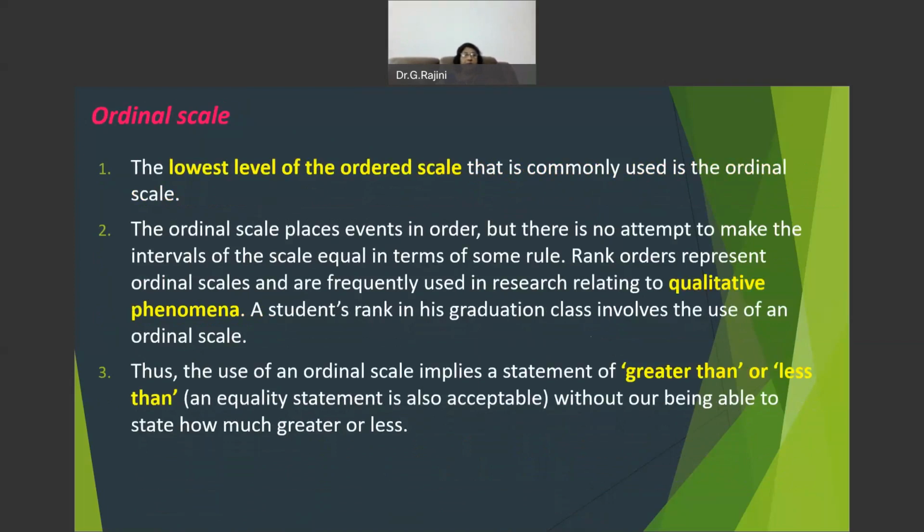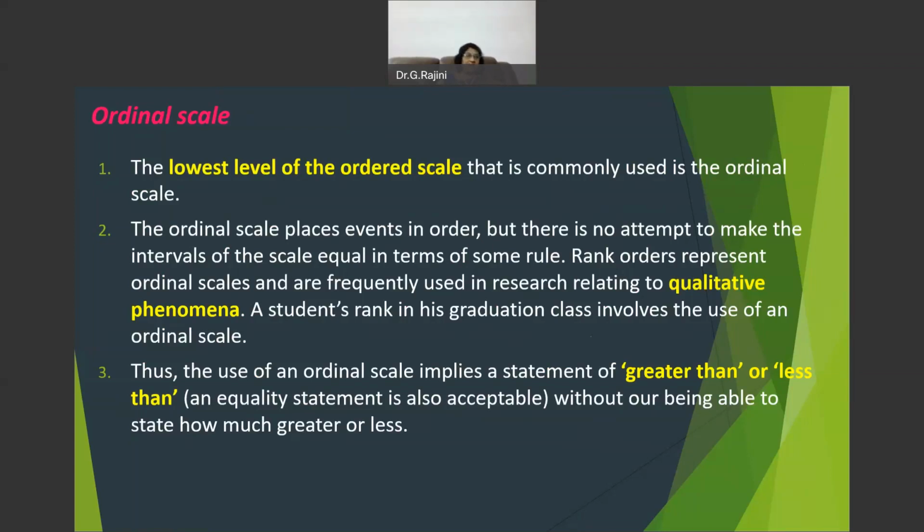The name itself implies it is in an order. The lowest level of the ordered scale that is commonly used is the ordinal scale. The ordinal scale places events in order, but there is no attempt to make the intervals of the scale equal. But they have got an order. Rank order represents ordinal scales, and they are frequently used in research relating to qualitative phenomena.